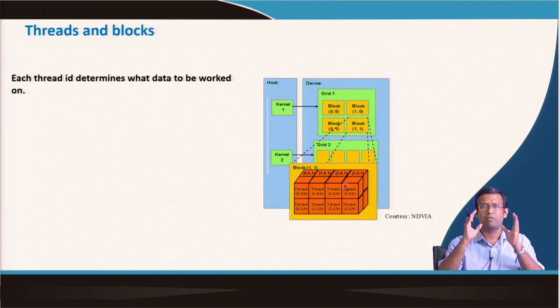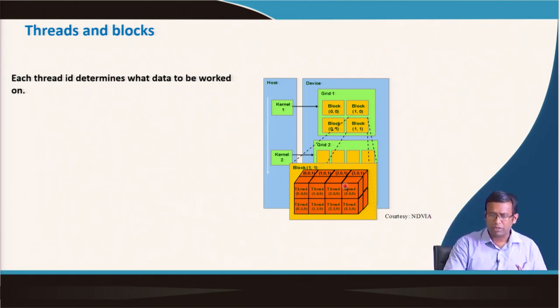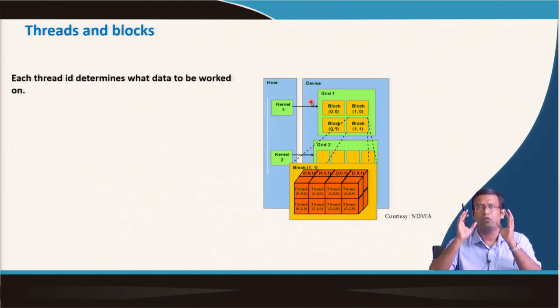Each thread is a member of a block, and the blocks follow a Cartesian arrangement. We can see here that a 3D combination of threads gives us a block, and a 2D combination of blocks gives us a grid. So all these blocks combined are a grid, and when we launch a kernel, we launch a grid of blocks. Inside these blocks there are multiple threads, so that's how we launch a large number of threads.